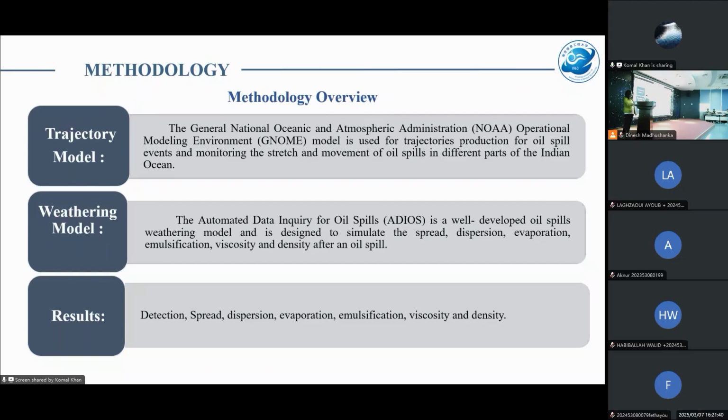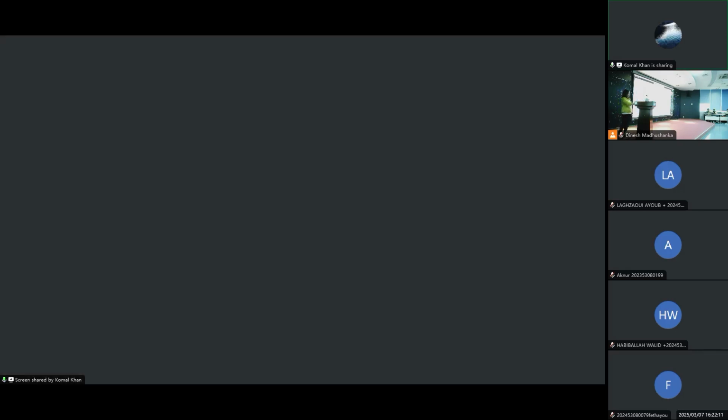For the weathering model, and of detection and weathering, wind field and all, I'm just going to show you one.